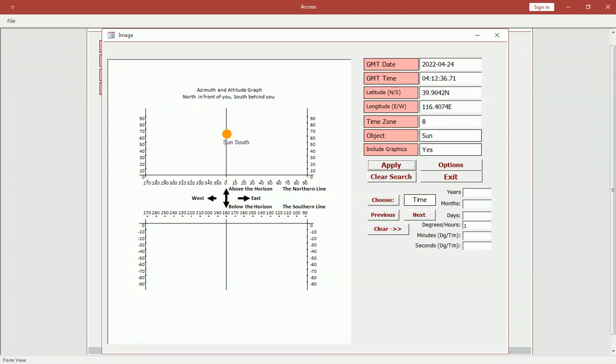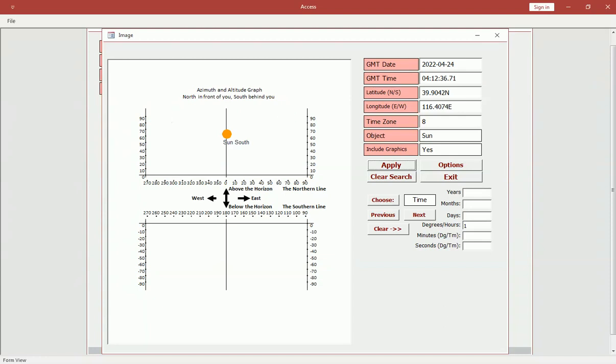Now this position of the sun is not an extreme case for this graph, but in some locations on Earth the sun will be exactly at 90 degrees altitude. And if, for example, the object was here, if you added 1 minute, it would jump from here to probably here.